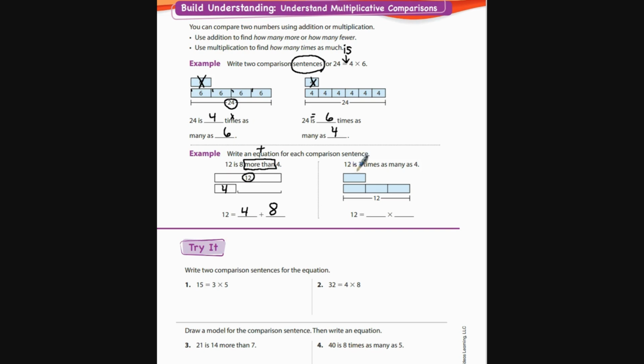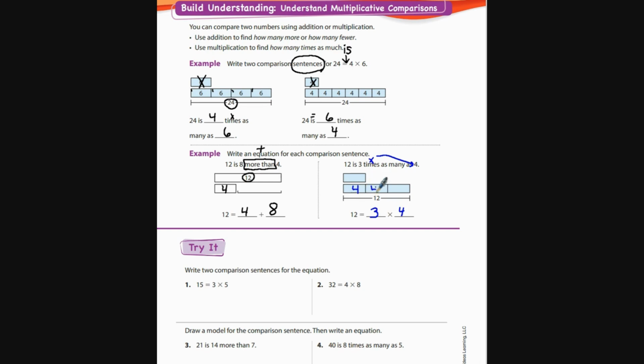12 equals 3 times as many as 4. 3 times, 1, 2, 3. The way that you say it is the way that you write it. 3 times as many as 4.